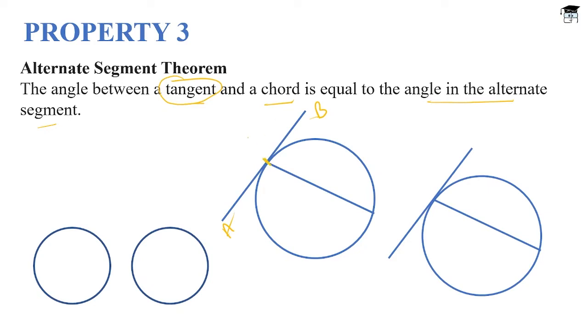Let's say CD is a chord. Now it is equal to the angle in the alternate segment. This is one segment of the circle and this is the other segment. If one angle is in one segment, it will be equal to the angle in the other segment.